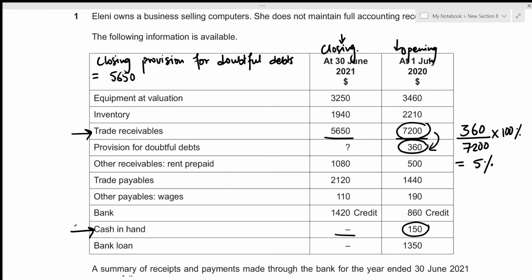But we know that there was an irrecoverable debt of 50 in the month of June, so we need to deduct that amount as well. Now we'll multiply it with the provision rate, which is 5%. You can write it down as 0.05. This gives us the closing provision for doubtful debts value to be 280. So right here, the value is going to be 280. We can see that the value for the provision for doubtful debts is decreasing, and this decrease is always recorded as an income in the income statement.